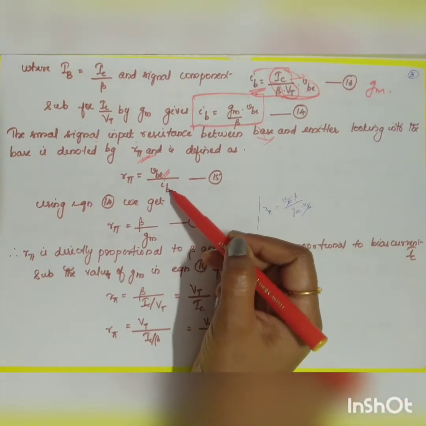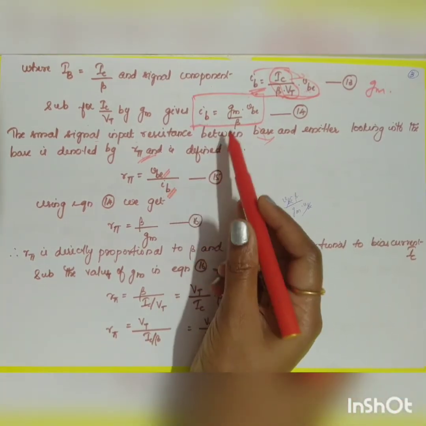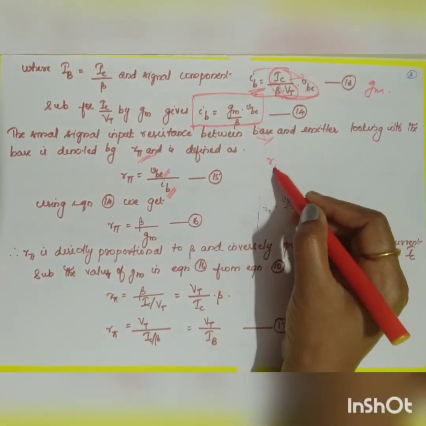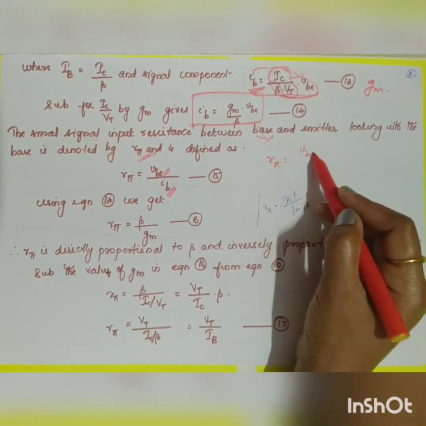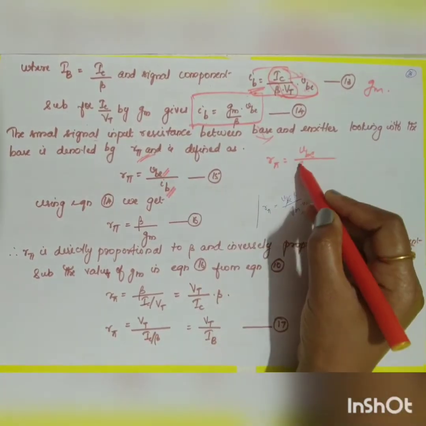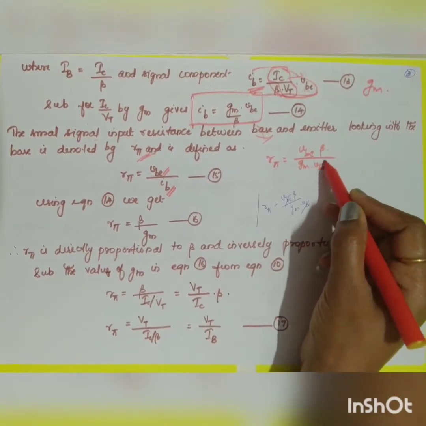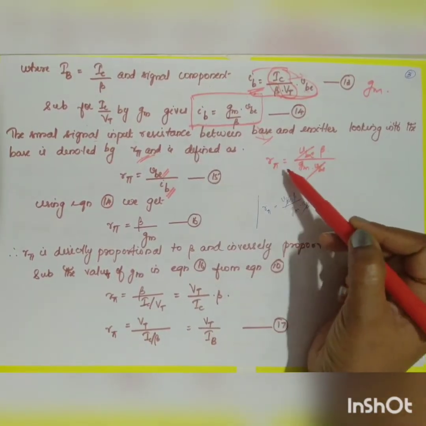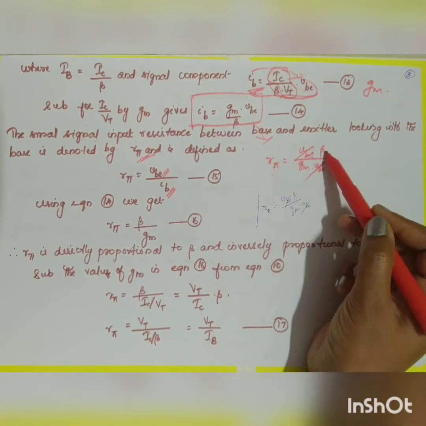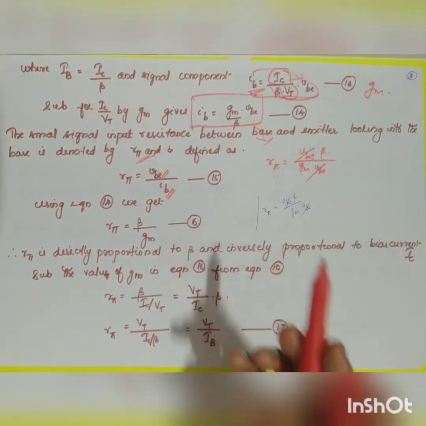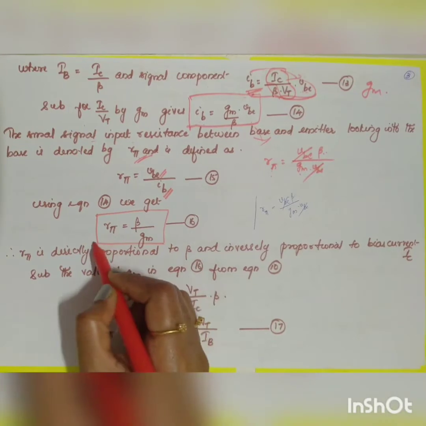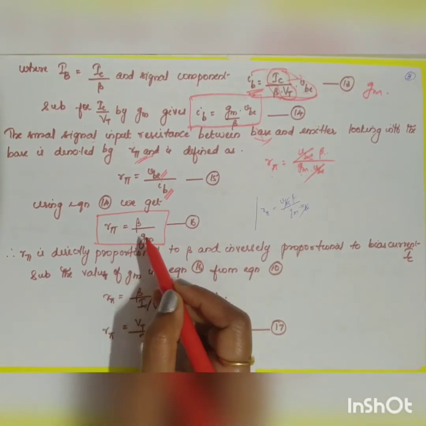You can substitute the value for ib now, which you have already found out. So R pi is equal to vbe divided by gm over beta. So beta will come to the denominator, small vbe will get cancelled. So R pi will be equal to beta by gm. Okay, so this is your equation of your input resistance.